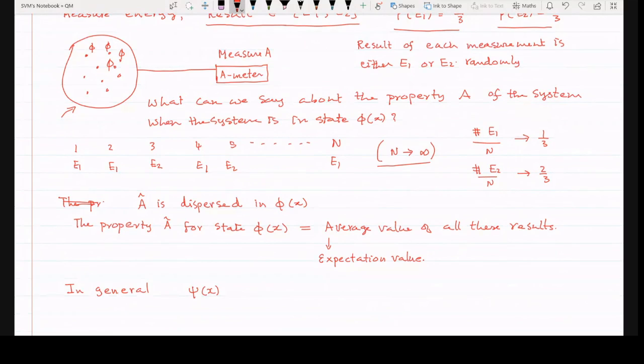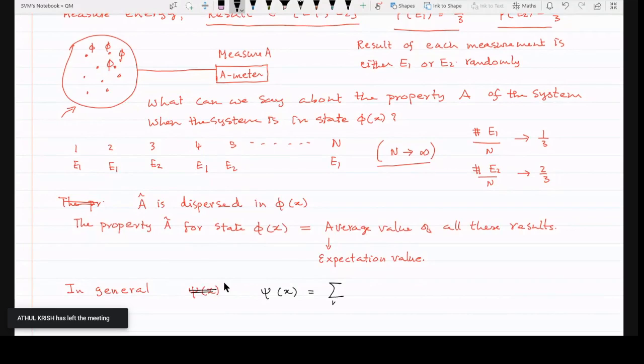Okay, so let me go back to this. Let's say I have a general situation where psi of x is written as the sum over n of Cn into phi n of x.